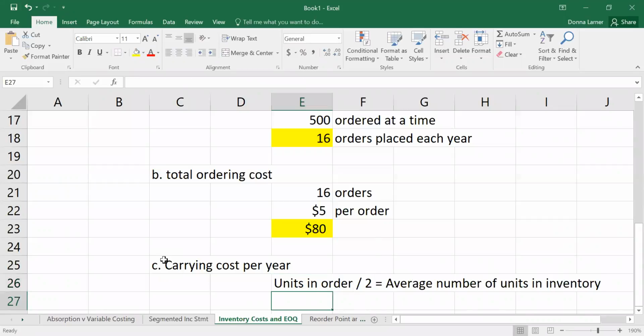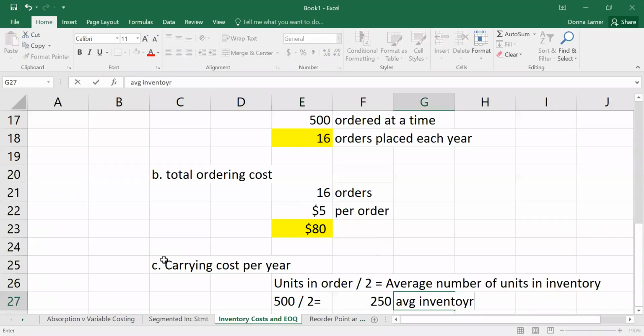If we order 500 at a time, there's going to be times when all 500 are here. We just received the order. And there's times when we get close to placing the next order where we hardly have any at all. So to average that out, it's 500 divided by 2. It's going to equal 250. It's going to be our average inventory.